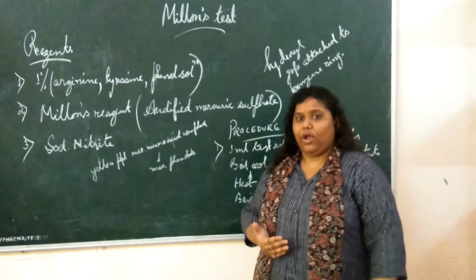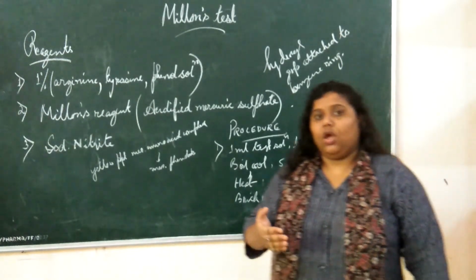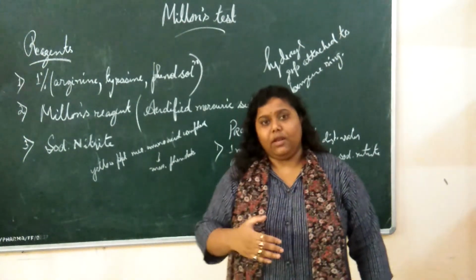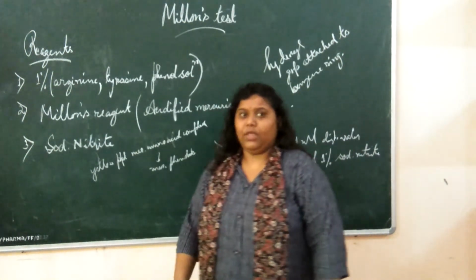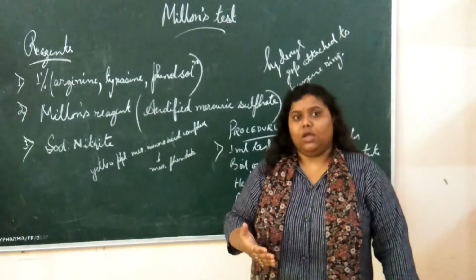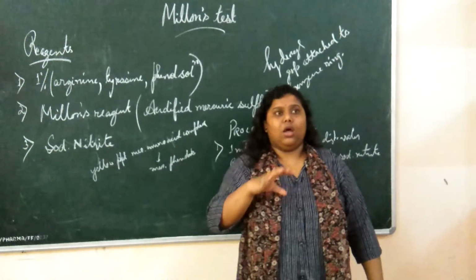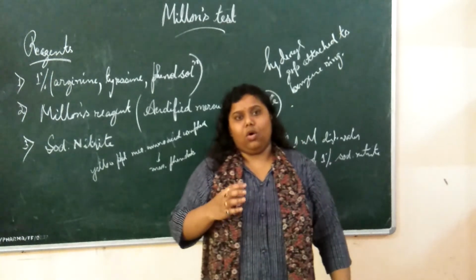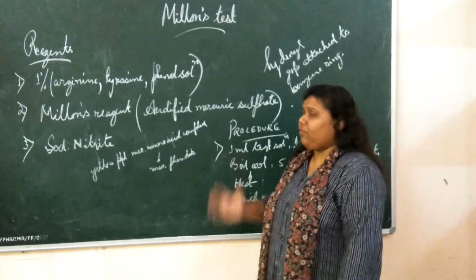After boiling, we cool the solution under tap water and add 5 drops of 1% sodium nitrite. Then we heat it slightly, and a brick red appearance will occur. When it occurs, we can say that the test is positive for Millon's test.